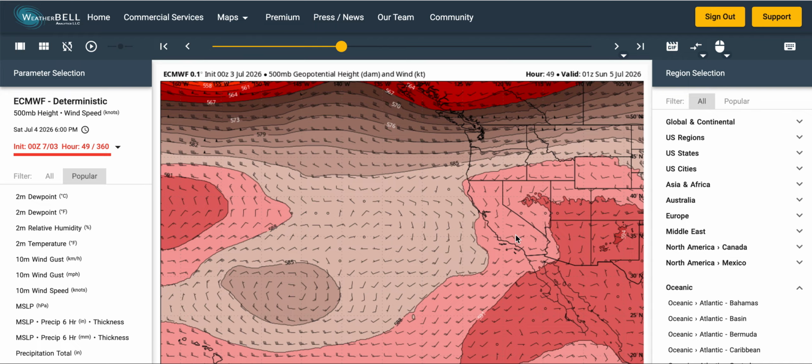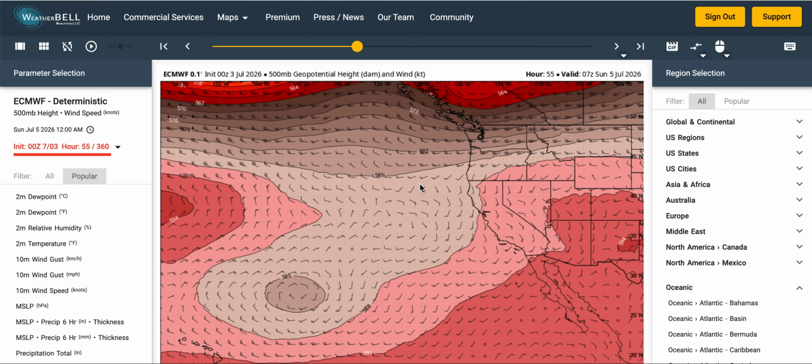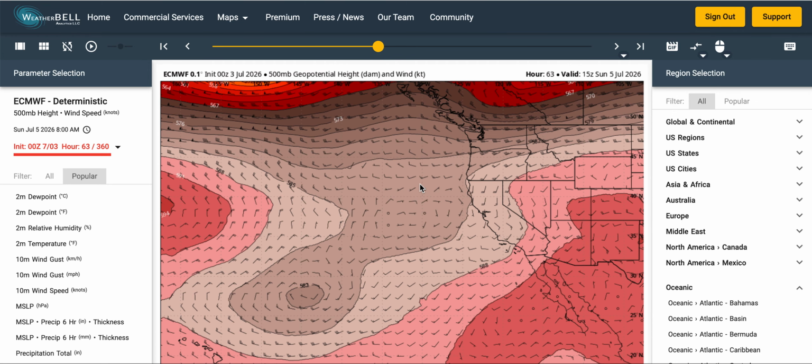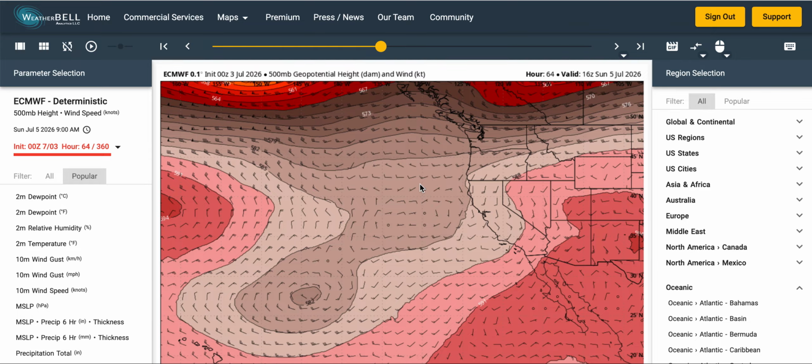So coastline areas for the Bay Area, as is typical this time of year, likely staying in the 60s. Maybe some areas around 70 or so, depending on how much that wind eases in the late morning hours before it picks up again in the afternoon.